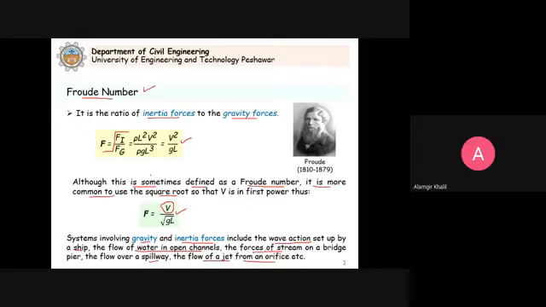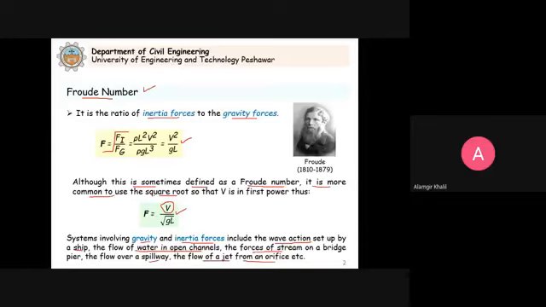Not only in this similitude, but the next topic which is coupled with it, that is dimensional analysis. You will see that if you do not very well understand the phenomena, despite you apply the method, you will not get the required results. So keep this in mind, because when you solve problems, it will not be given to you that you consider the Froude number or the Reynolds number or other numbers that we are going to study in the coming slides.